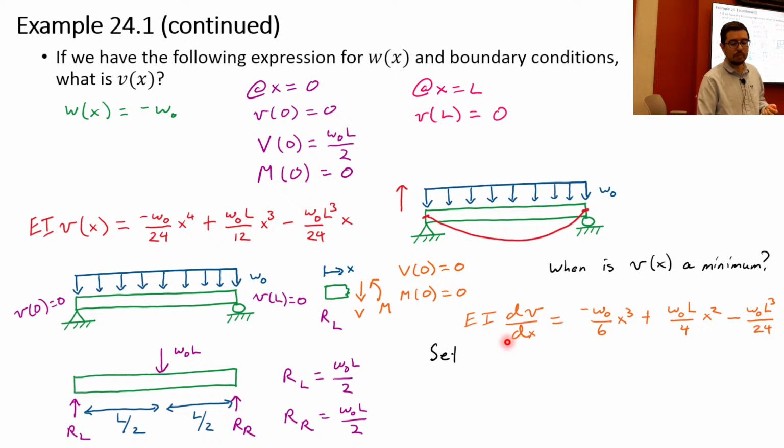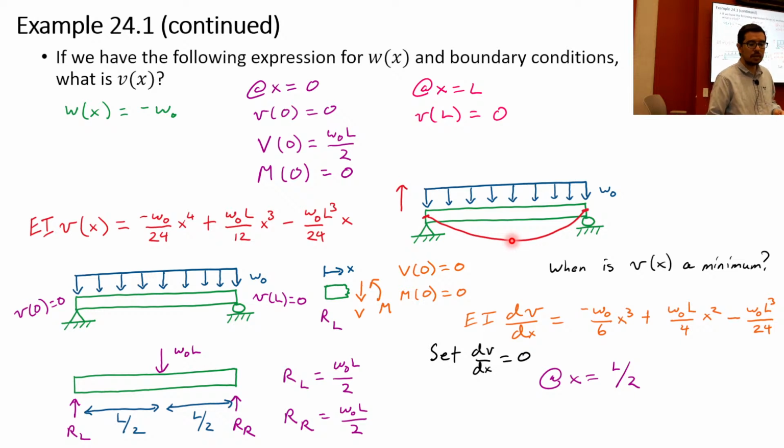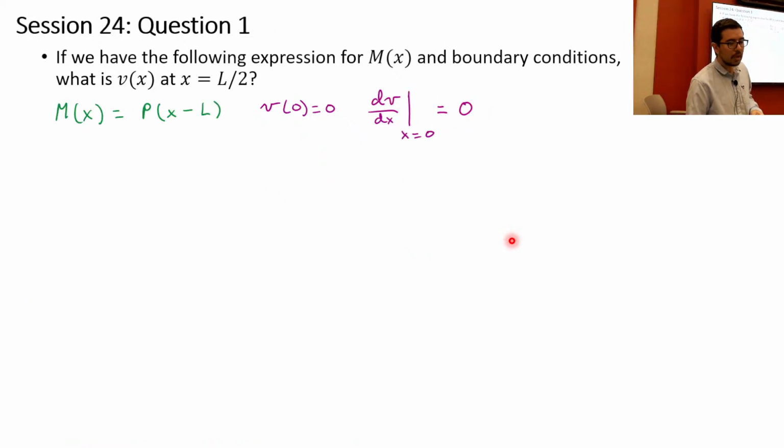You set it equal to 0, and if you do that, you'll find that it's at x equals L over 2. That makes sense. So the opportunity you have here is to work on a problem that has no geometry. Isn't that fun? All right, so that's question number 1.